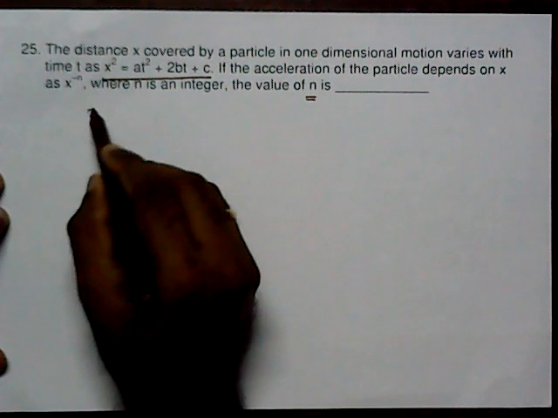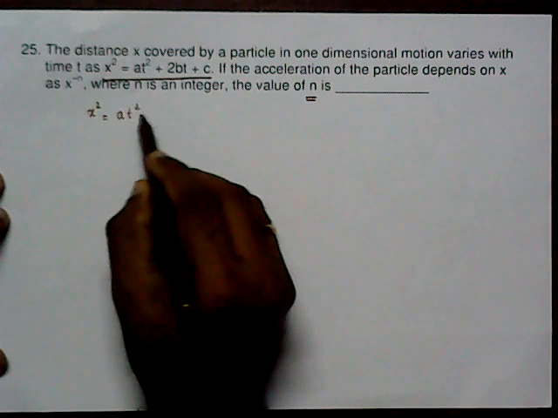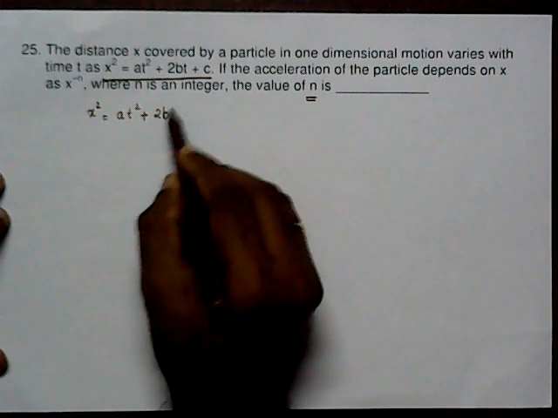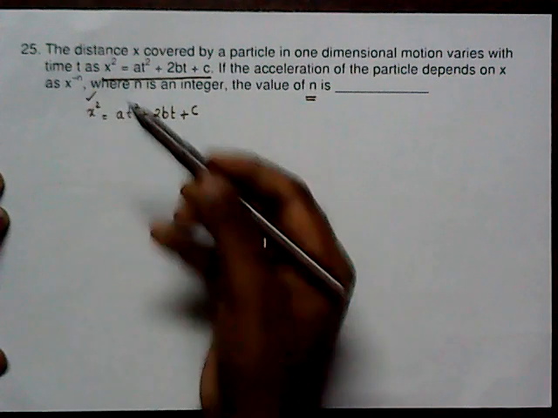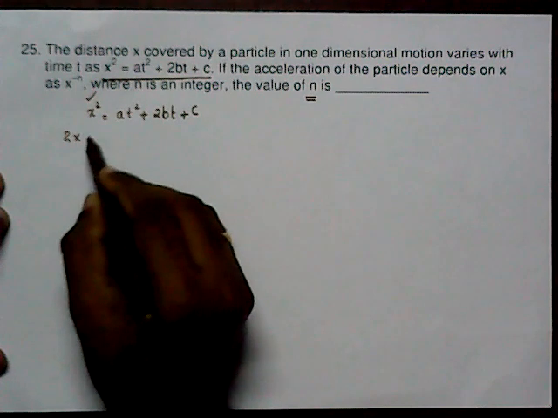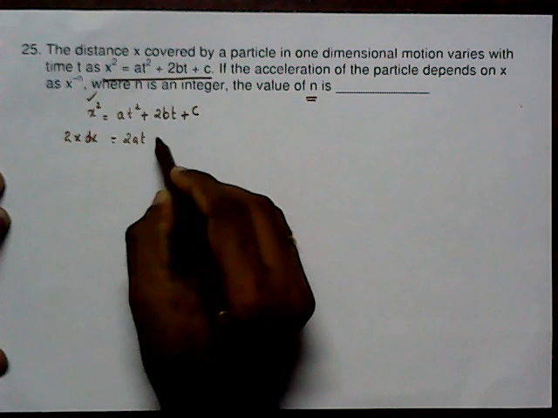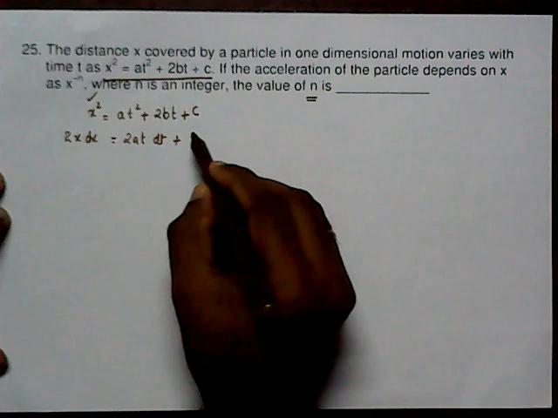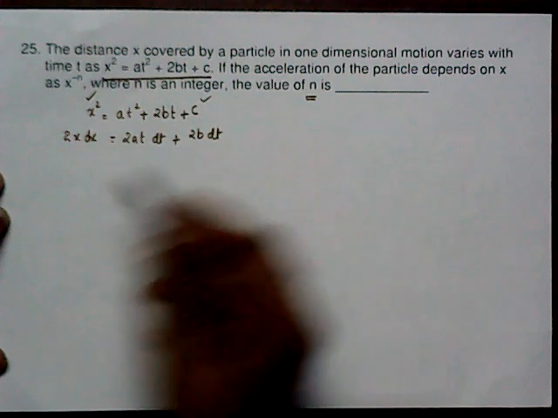Look carefully. It is given as x square equal to at square plus 2bt plus c. So we can just differentiate with respect to t. We can say that 2x into dx is equal to 2at into dt plus 2b into dt, and c is a constant, so it becomes 0.